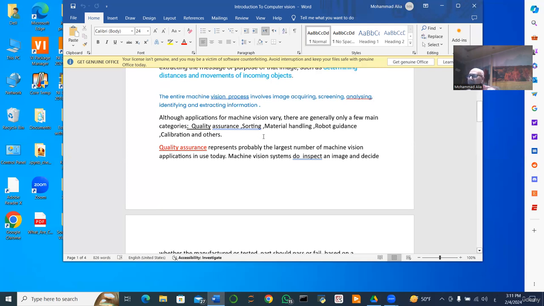Concerning the application areas of computer vision, broadly speaking, we can say that quality assurance or quality control may be one of the most important and wide areas of applications there.